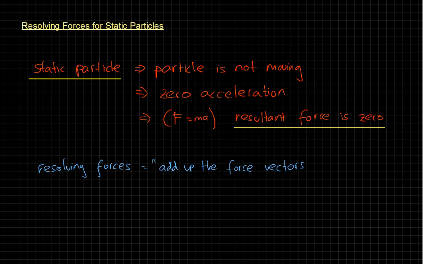Add up the force vectors with respect to a given axis. So you're adding up these force vectors with respect to a given axis. If you get zero, that means the particle's not moving.